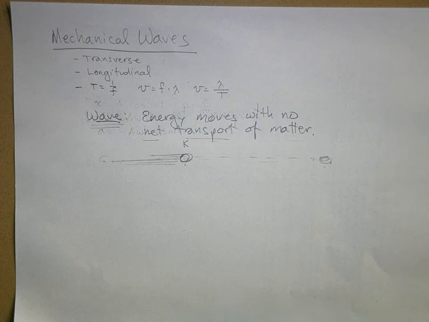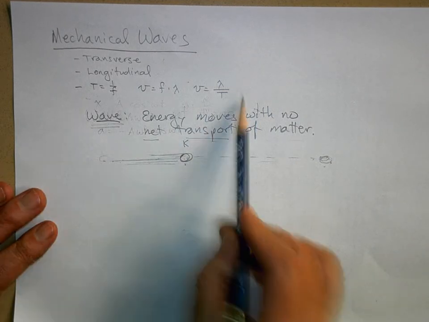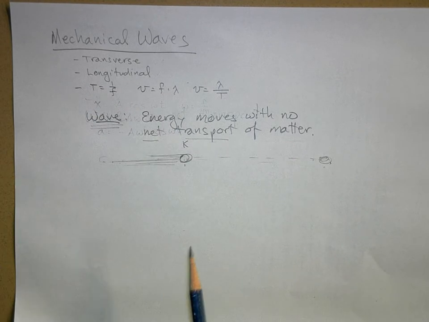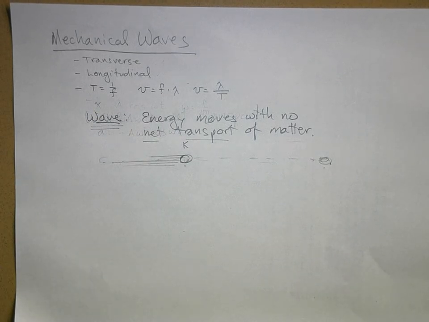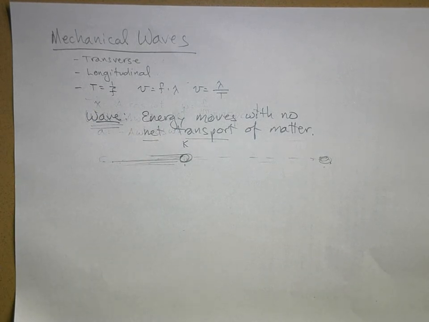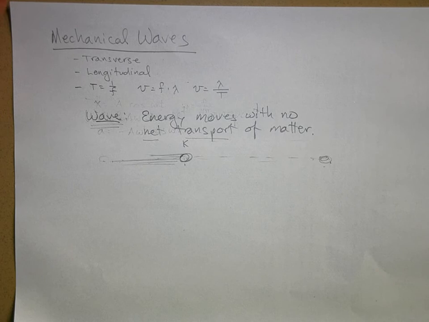That's light and radio and all that kind of stuff. And it obeys these equations right here. But they don't require any matter at all. They don't require any kind of material to move through. The energy doesn't move through a material. It moves through empty space as an interaction between electric and magnetic fields.